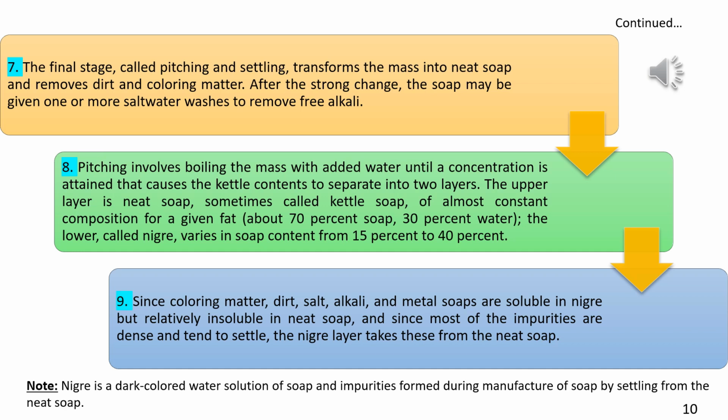So, in this step you can see that there are some materials which are insoluble in neat soap, such as salt, alkali, and metal soap, while these are soluble in nature.